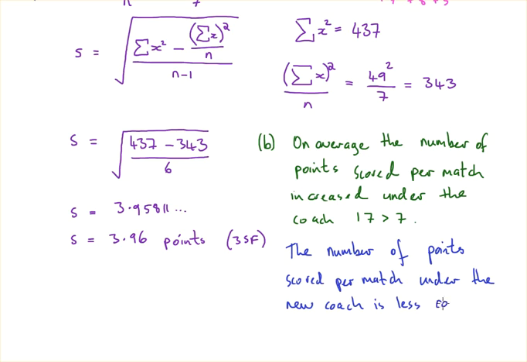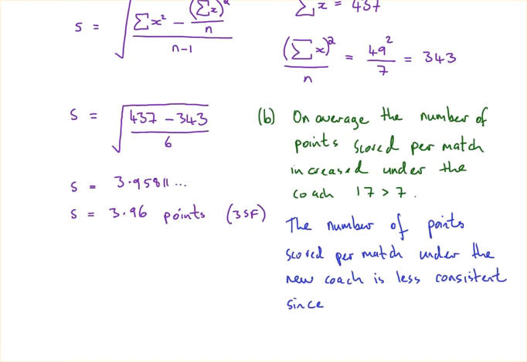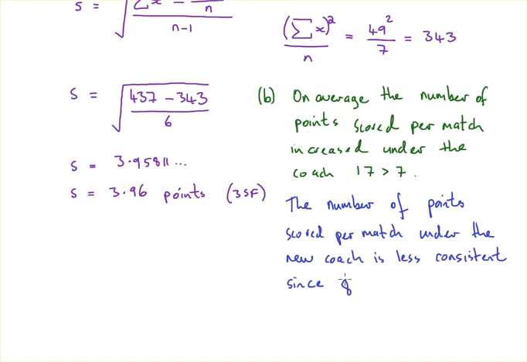As I said, it just means you don't really know what you're going to get if you go and watch this team play. And why are we actually making that statement? How can we make that statement? Well, that's because the standard deviation is now much greater. So if we have a look at the standard deviation, it's now 8. So this is because 8 is greater than 3.96.